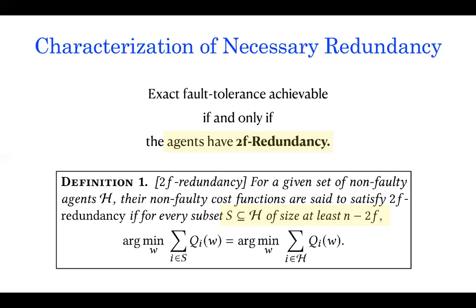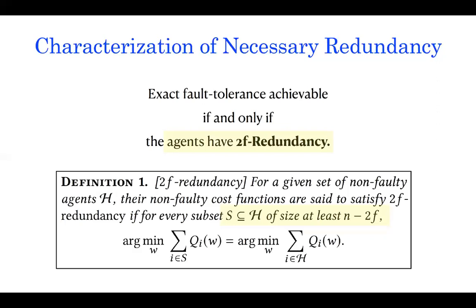As shown here, S is just a subset of the honest agents of size n minus 2F, and whichever point minimizes this aggregate on the subset of costs should also minimize the aggregate of honest costs, and vice versa.